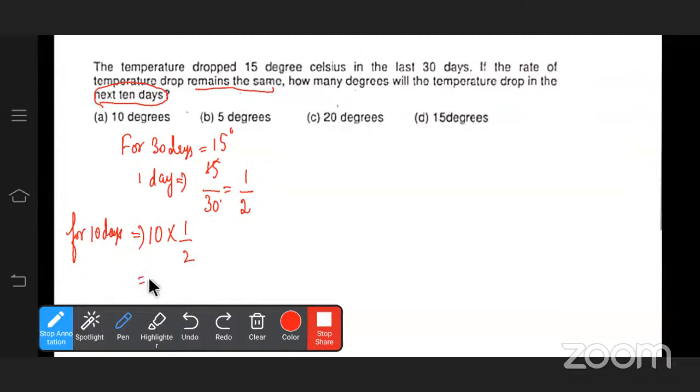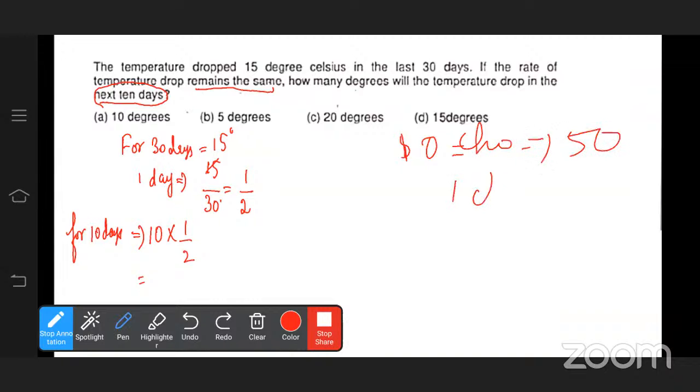Ma'am, I didn't understand for 1 day. Okay, listen. Before, I told you the cost of 10 chocolates is 50.